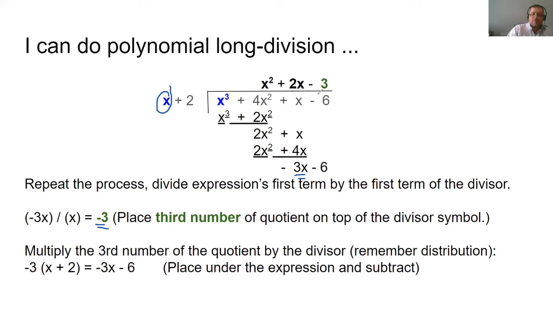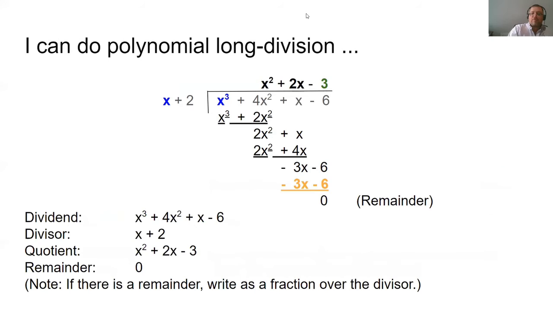I place that third number right here, and then I do the same thing. I go over here and I multiply it again. And I get negative 3x minus 6. I'm just multiplying. I'm doing the same process each time as I would do in division. And then what I'm left with, when all is said and done, is the dividend. That's what we're dividing.